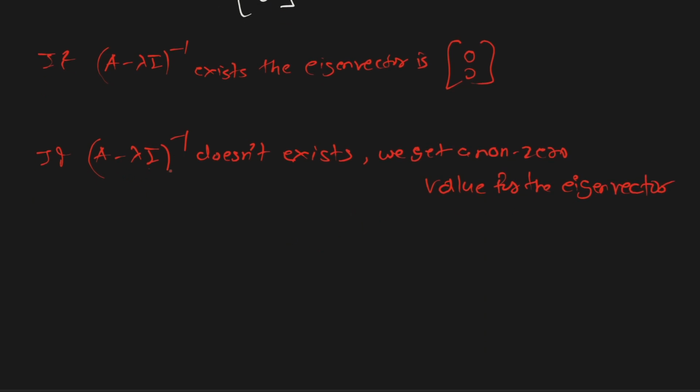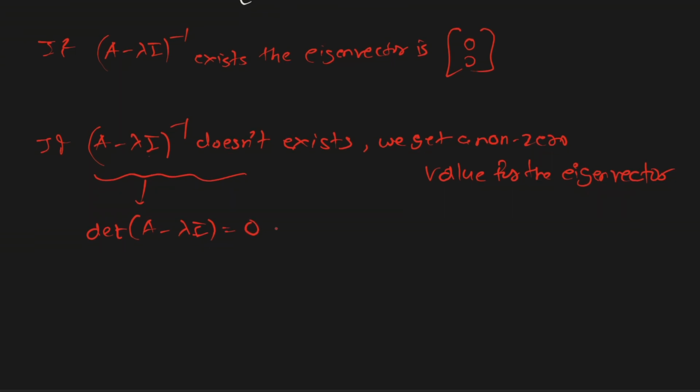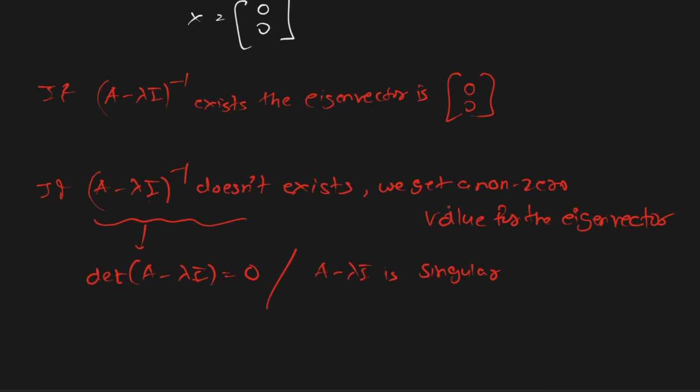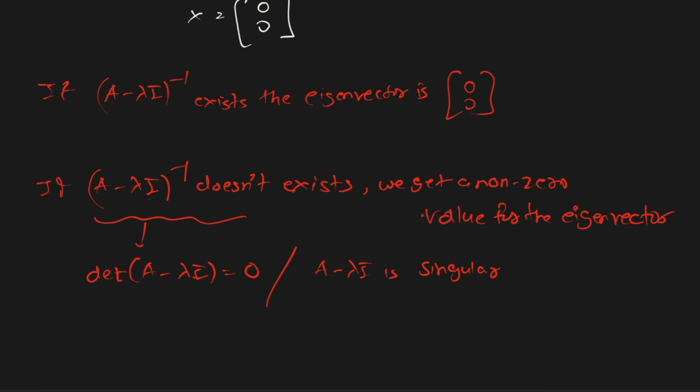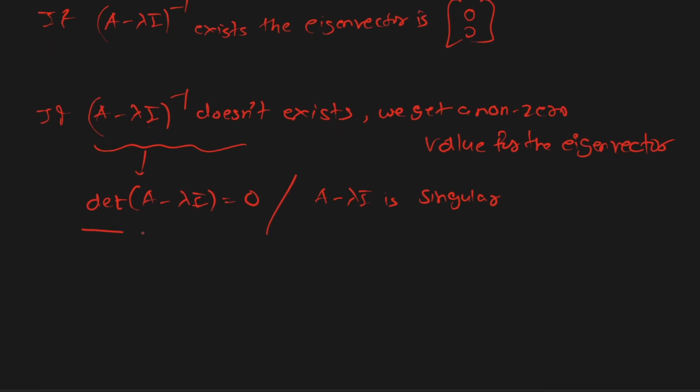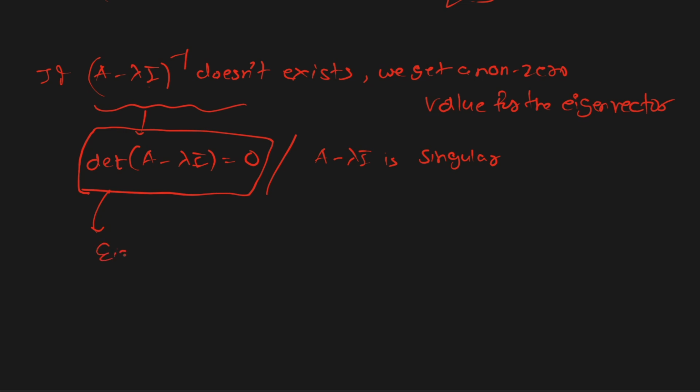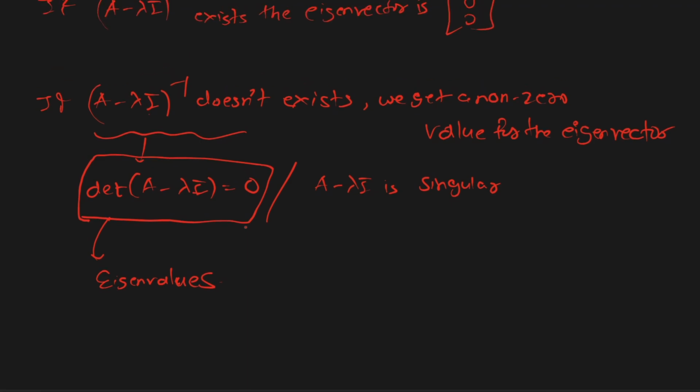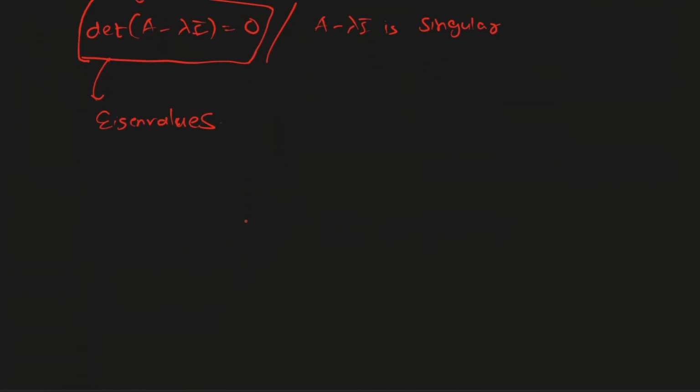And (A minus lambda I) inverse won't exist only if the determinant is 0, or the matrix A minus lambda I is singular. So for the existence of a non-zero eigenvector, the determinant of A minus lambda I should be 0. This is the condition which we'll use to find the eigenvalues. And once we know the eigenvalues, we'll move on to find the eigenvectors.